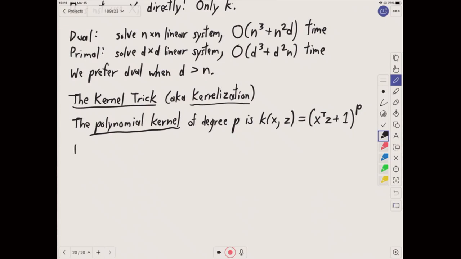Why? What does this accomplish? Well, here is the key observation that makes it all work.